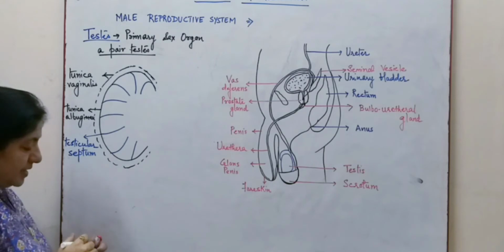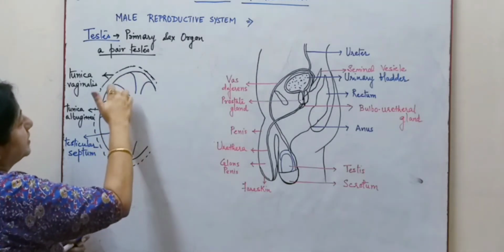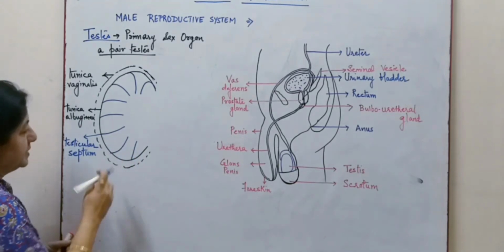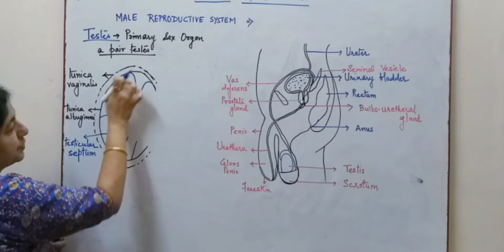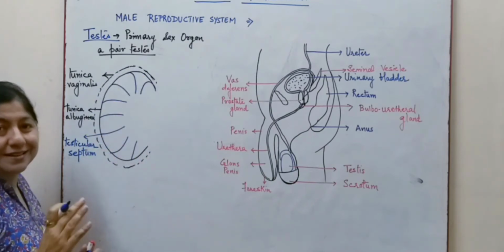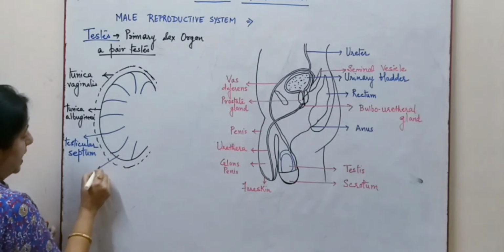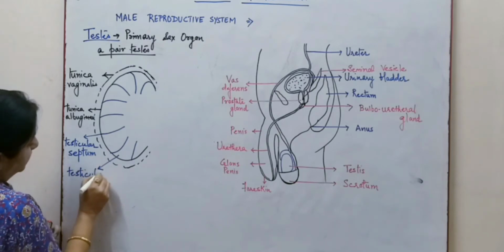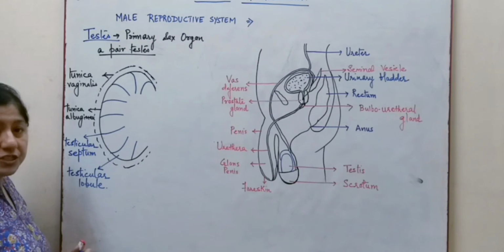As a result, the internal portion of the testis is divided into compartments. There are approximately 200 to 300 compartments in a testis, and each of these compartments is known as a testicular lobule.